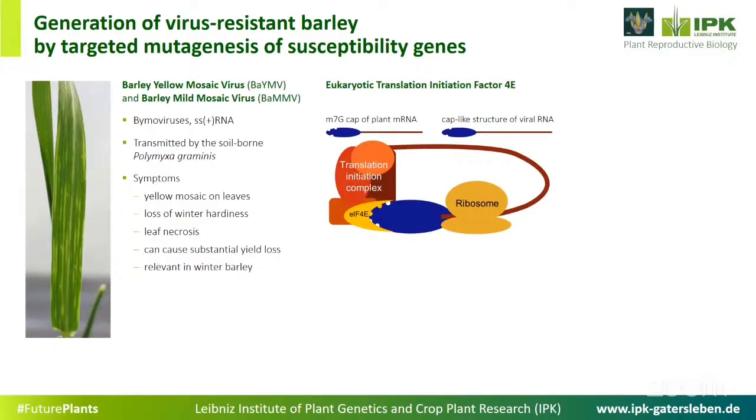So, some resistances are known against these bymoviruses, and one of the most effective relates to this yellow structure within the translation initiation complex. This is a eukaryotic translation initiation factor, which directly interacts with messenger RNAs.